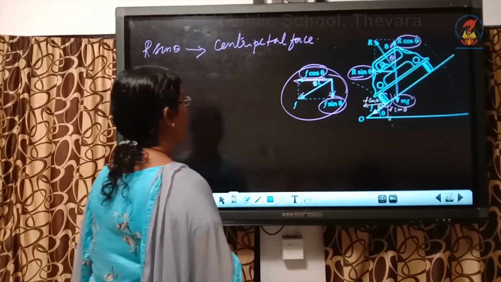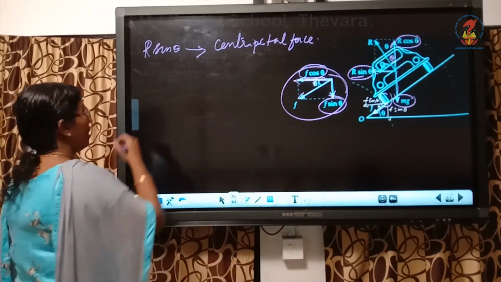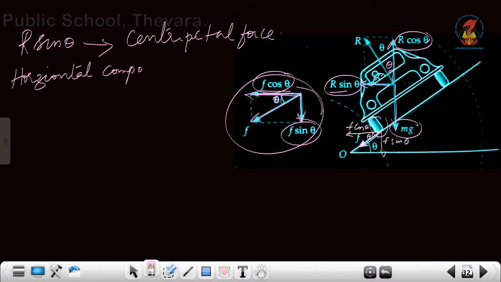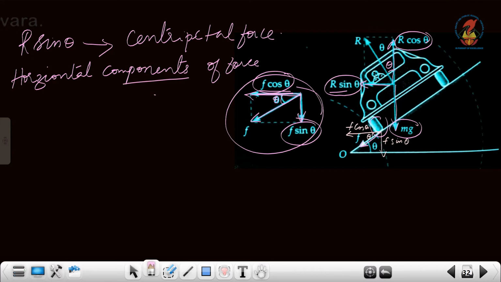First we are going to consider the horizontal components of force. Equating the horizontal components of force, which are the horizontal components? They are R sin theta and f cos theta. And what are they doing?